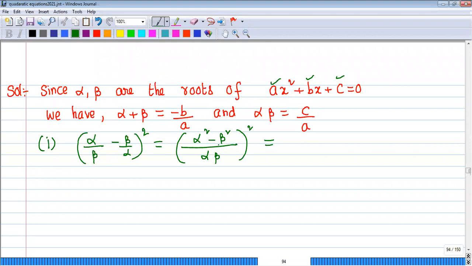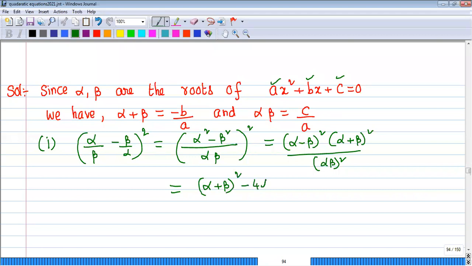Moreover, alpha square minus beta square can be written as alpha minus beta whole square into alpha plus beta whole square, upon alpha beta whole square. My dear students, this alpha minus beta whole square we can express in terms of alpha plus beta whole square. Can we express? Yes, we can write it. So that can be written as alpha plus beta whole square minus 4 alpha beta, multiplied with alpha plus beta whole square upon alpha beta whole square.